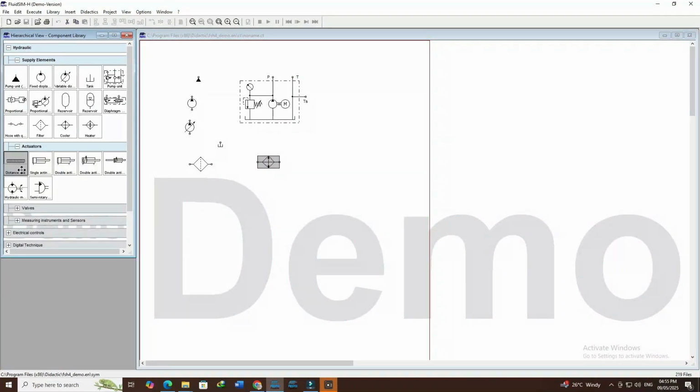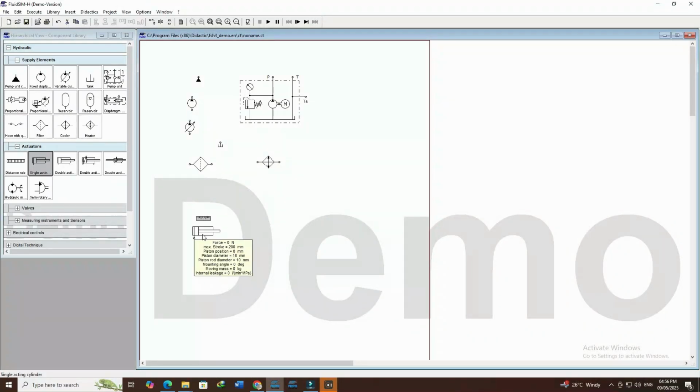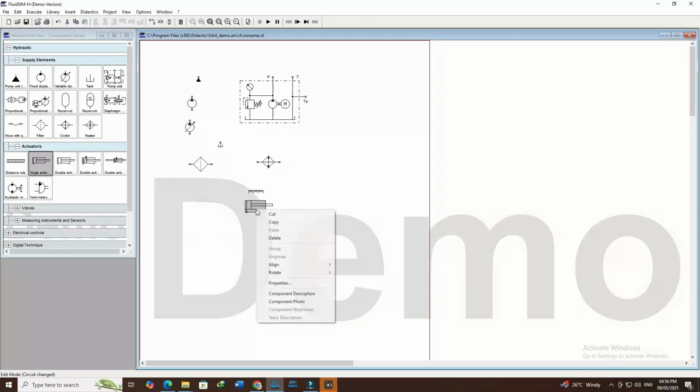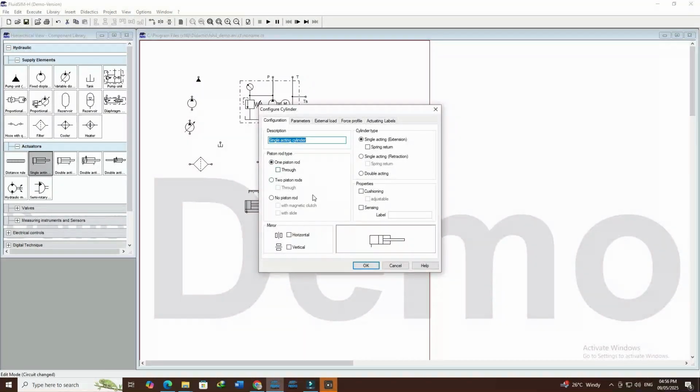Next we have the actuators. This one is adjustable, and we can set how much the actuator is going to extend or retract in the simulation. The next one is the single acting cylinder. Single acting cylinders are used for clamping and punching operations, and they extend only. We use them more for extensions.